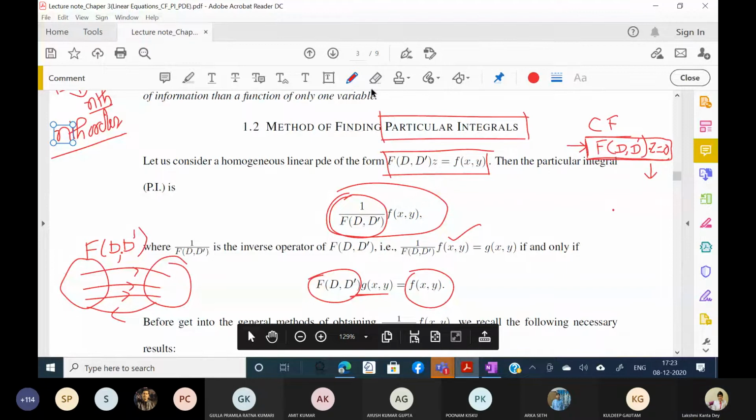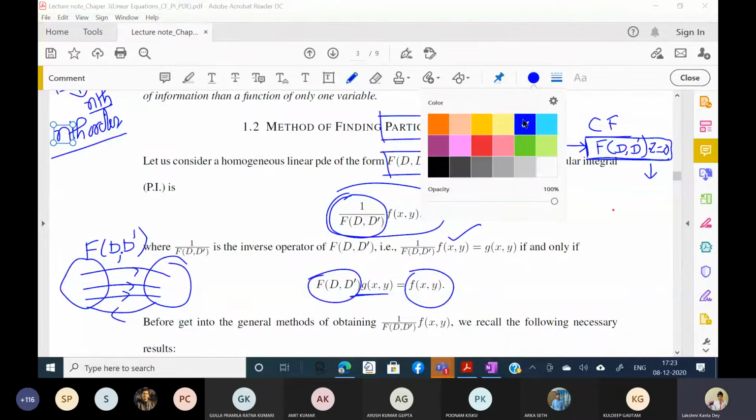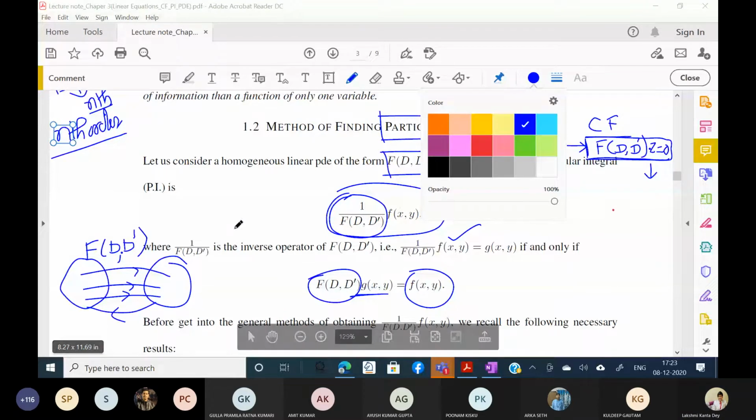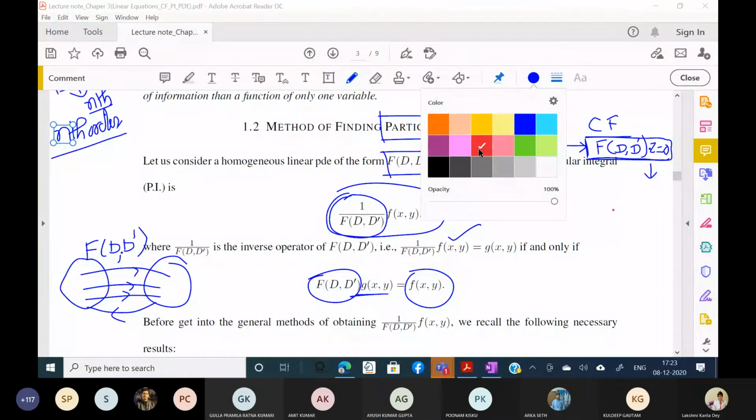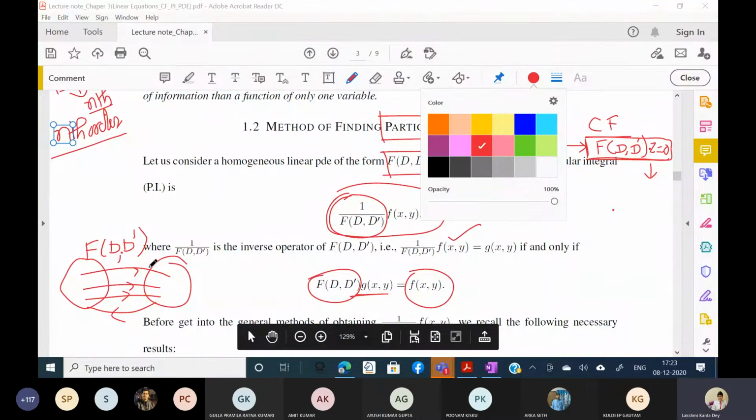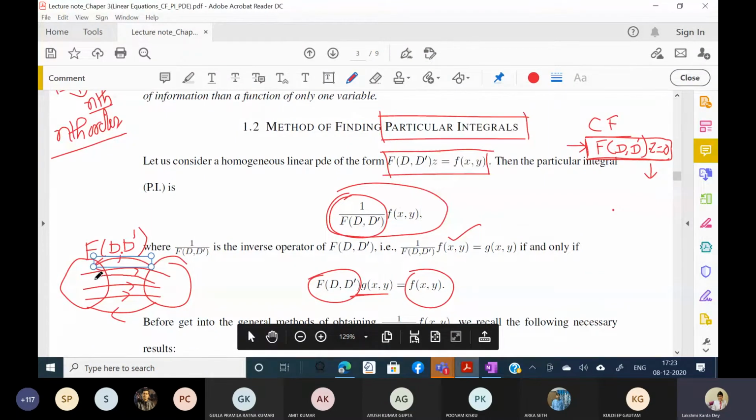So we have to find some g such that if you operate with the operator f(D, D') on g, then you get the small f.